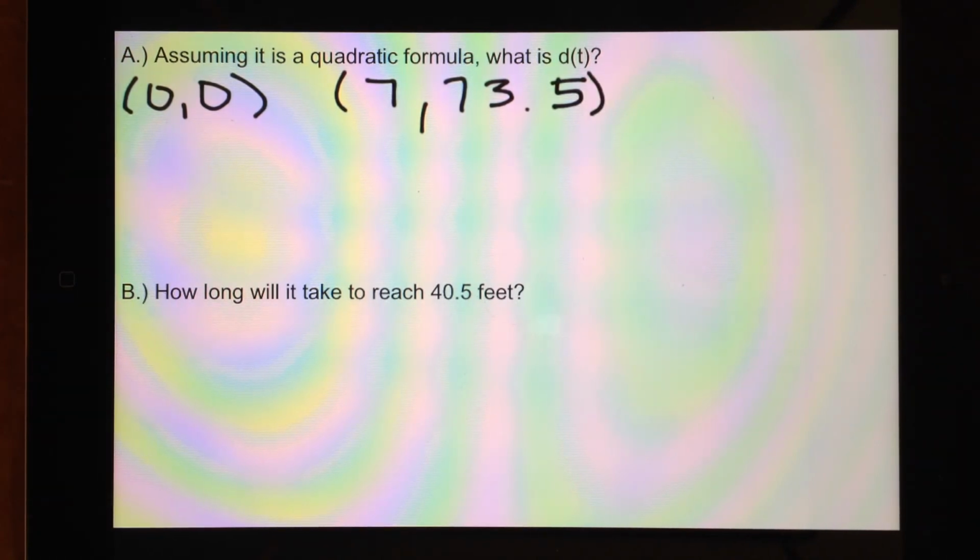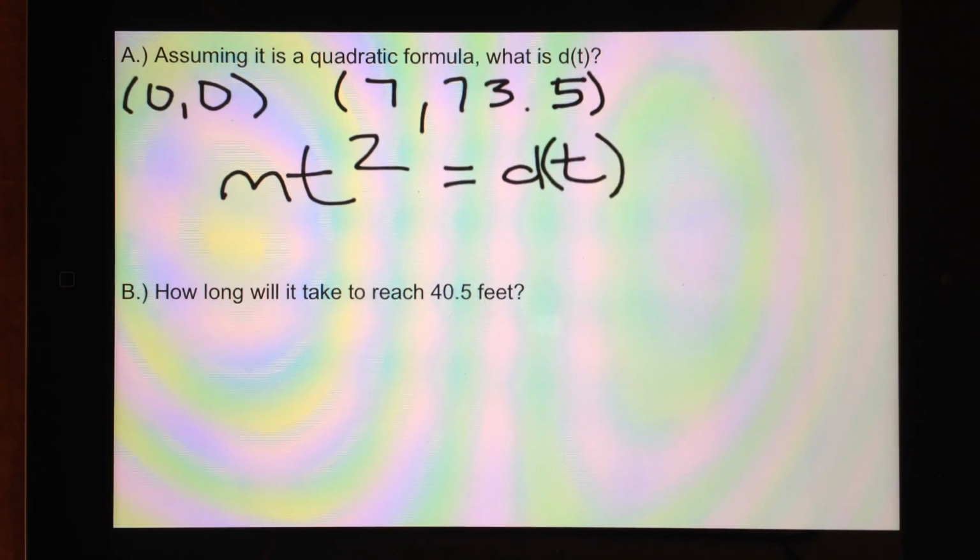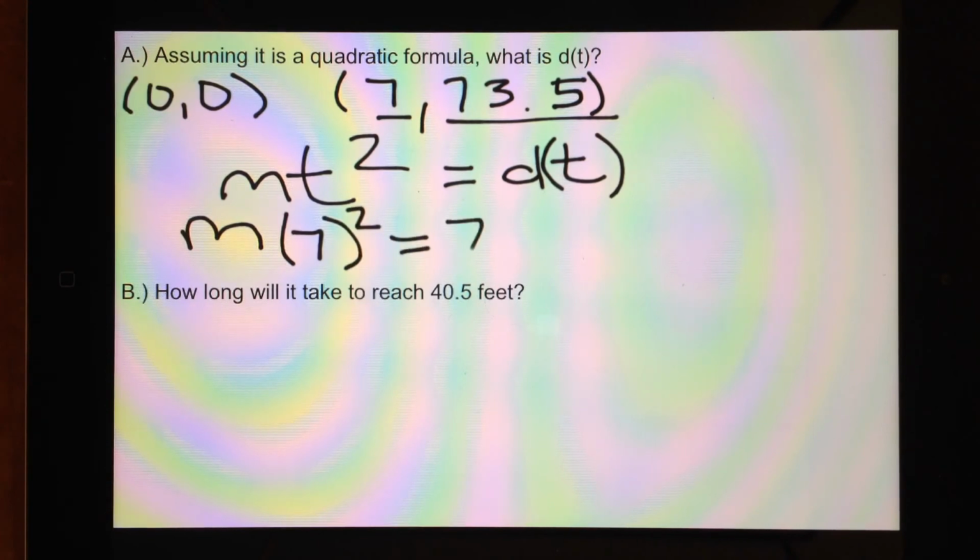Since we know we can start out as a quadratic formula, we'll start out with t squared. We don't know what m is, and we don't know what d of t is. But we have our values of 7 and 73.5 solved. So we leave m as it is, because that's what we're trying to find, insert 7, and insert 73.5.